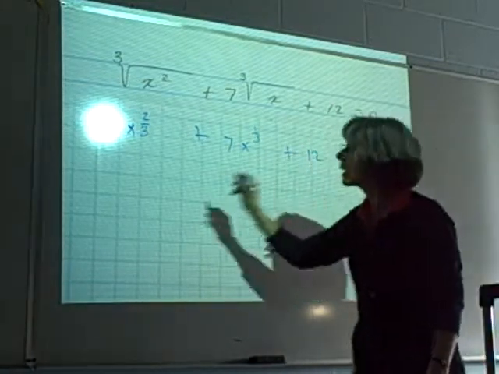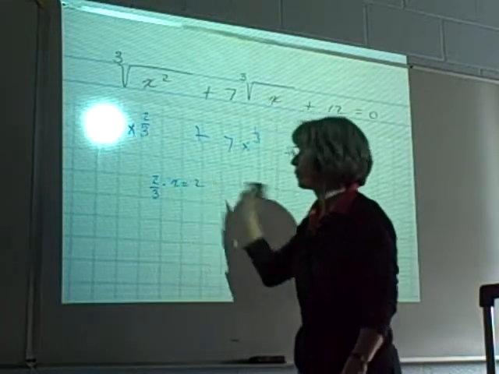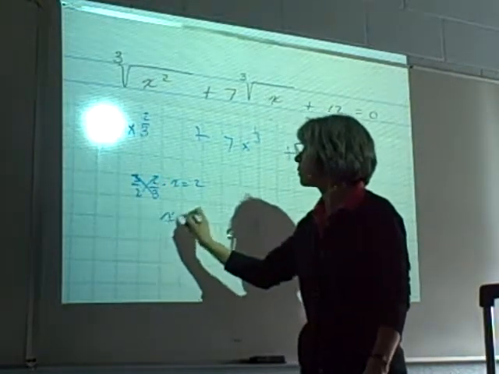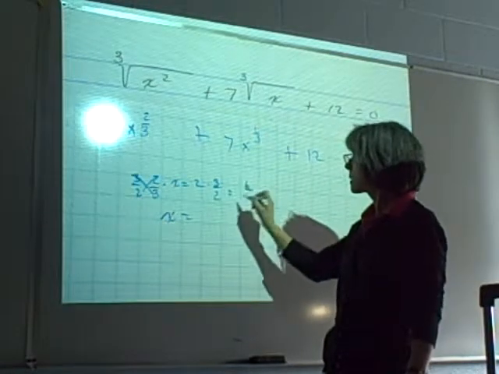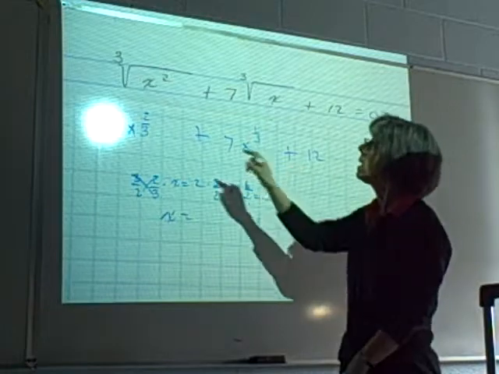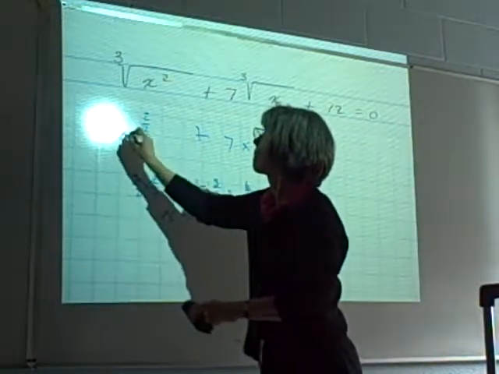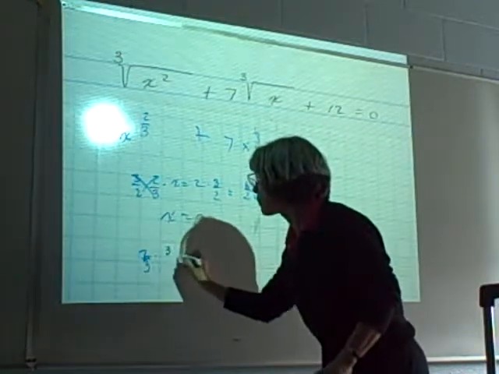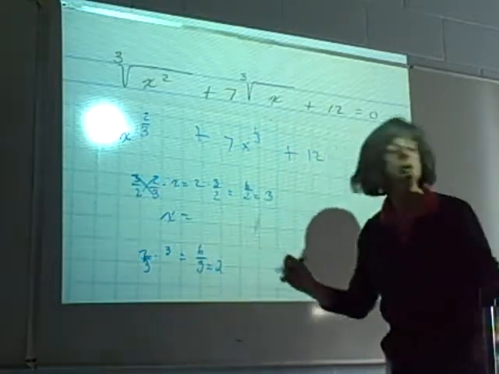So again, I'm thinking to myself, 2/3 times what will give me 2? Well, 3/2. I got my x alone. I'm gonna multiply this by 3/2. 6/2 is 3. So if I multiply 2/3 by 3, I end up with 6/3, which is equal to 2.